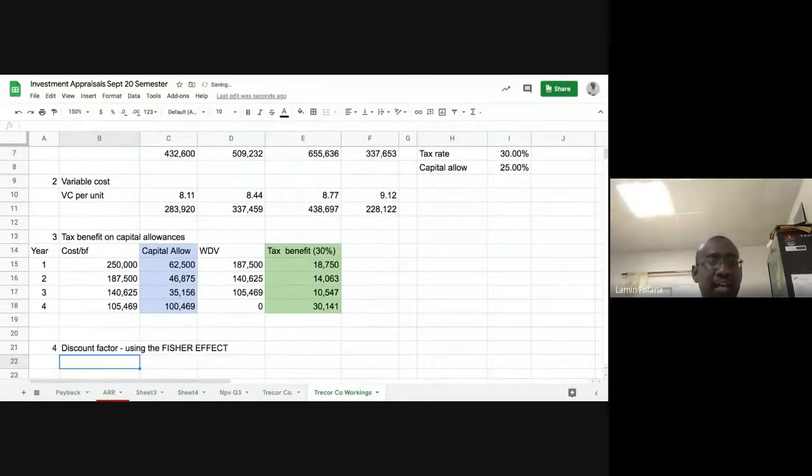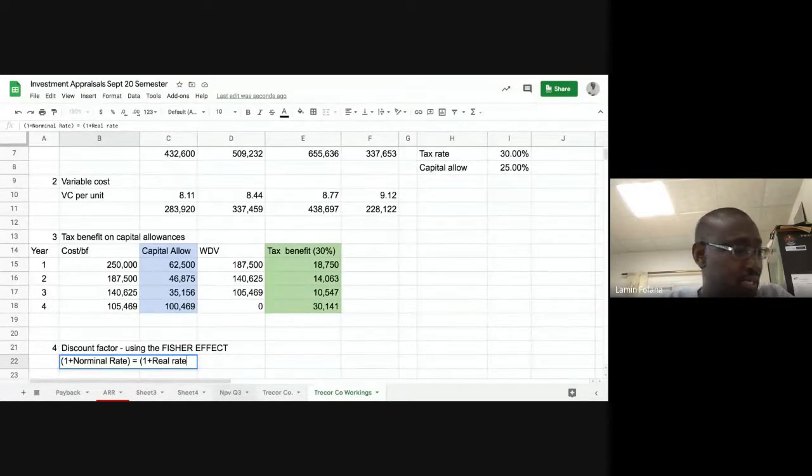According to the Fisher effect, take note of this: 1 plus nominal rate, which is the unknown here, that's what we are trying to find, equals, bracket opens, 1 plus real rate.